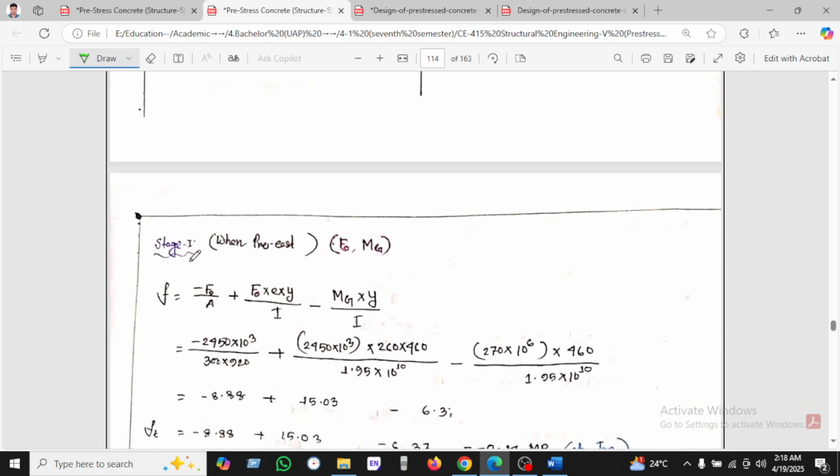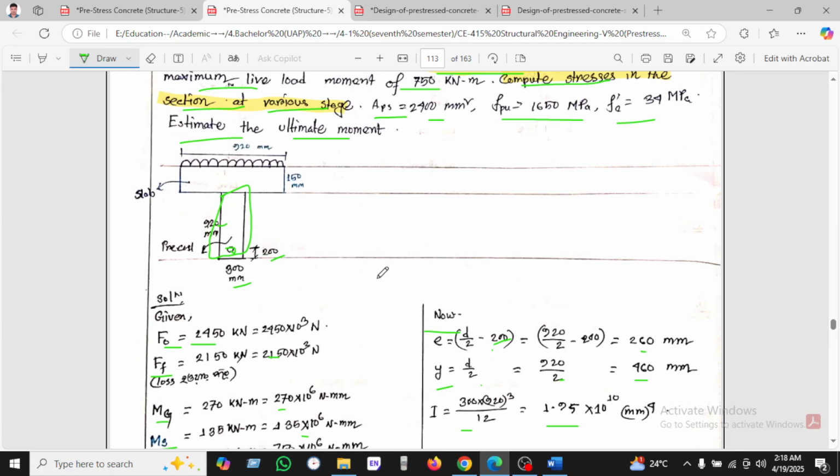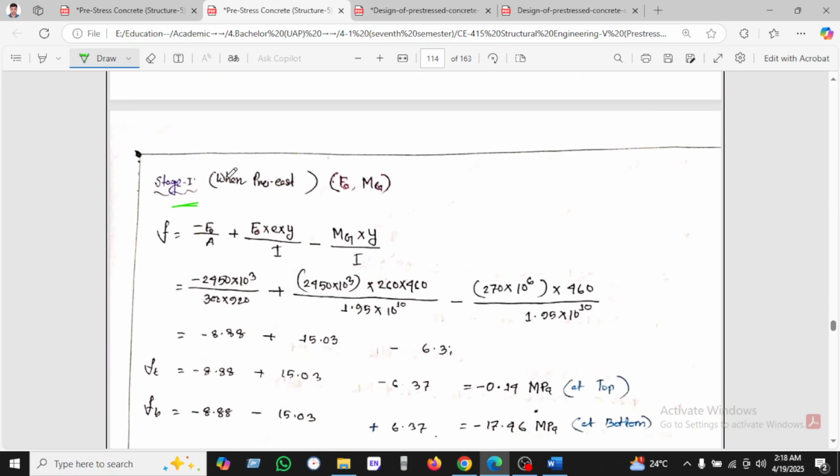Okay, so stage 2, when precast, which is called F0 and Mg. After putting in this value, it will always be a negative value as the prestress.